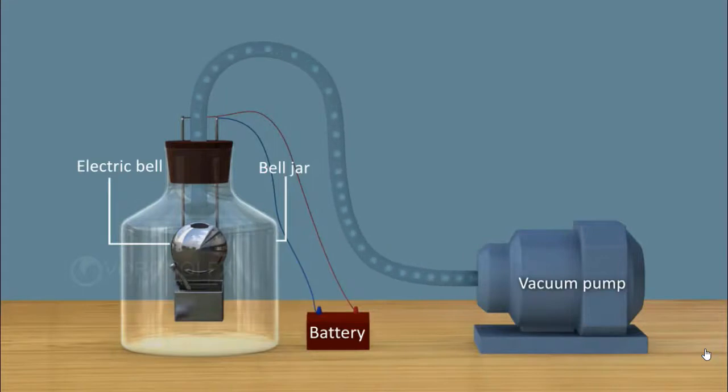You will hear the sound becoming fainter, although the same current is passing to the electric bell. Soon you will notice the less air is left inside the bell jar, the less the sound becomes. If the air is removed completely, you won't be able to hear any sound. From this experiment, we can understand that sound cannot travel through vacuum.